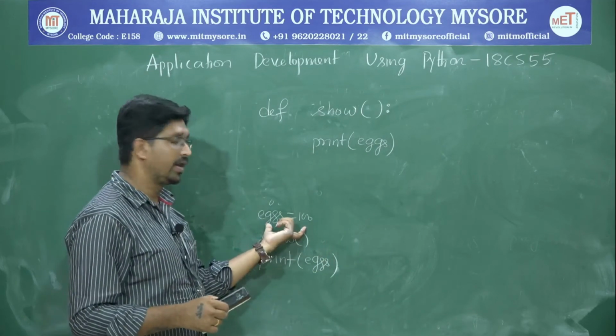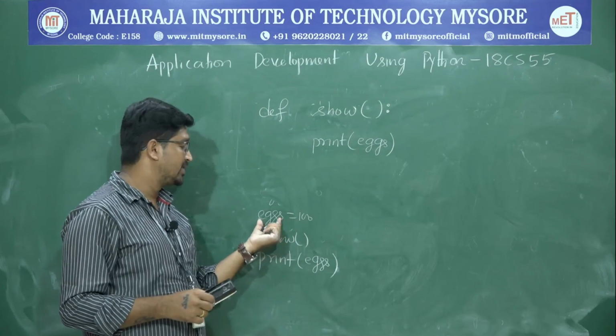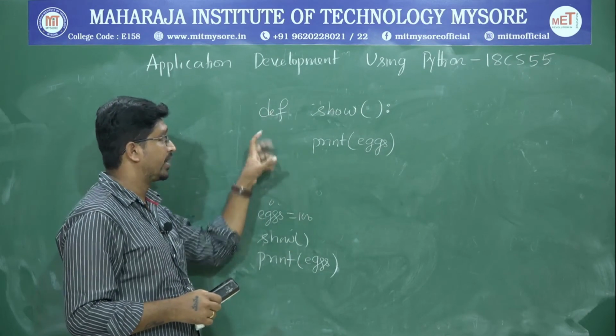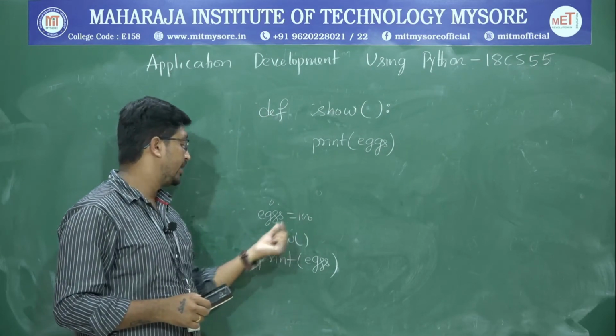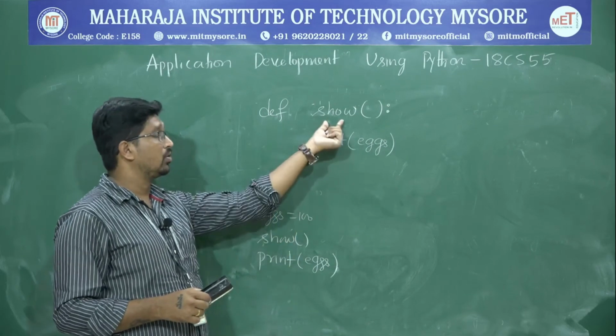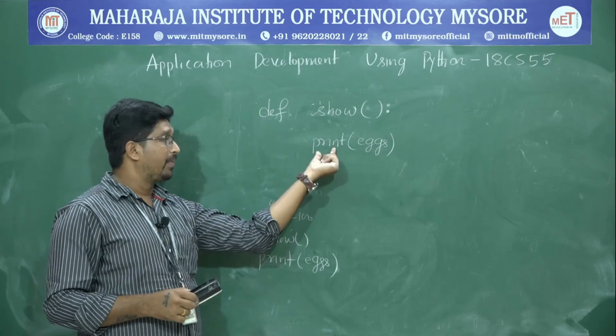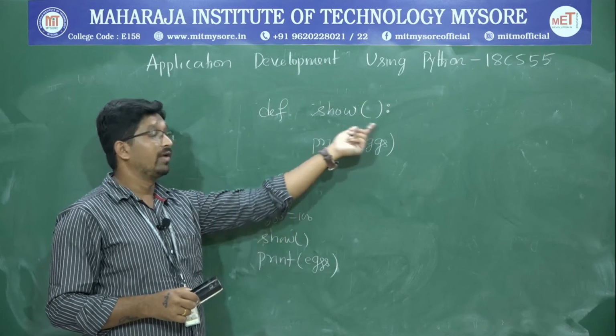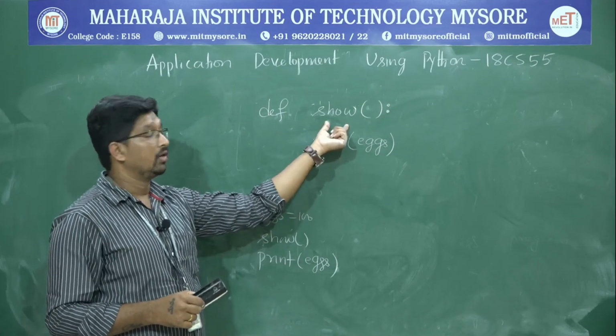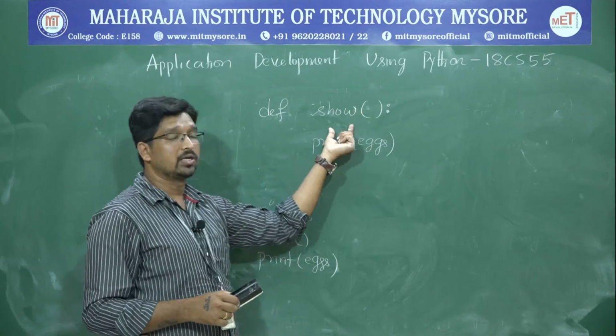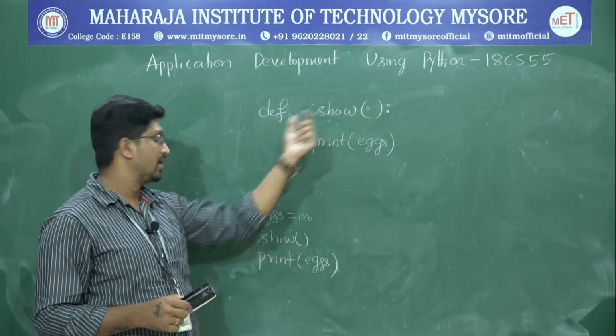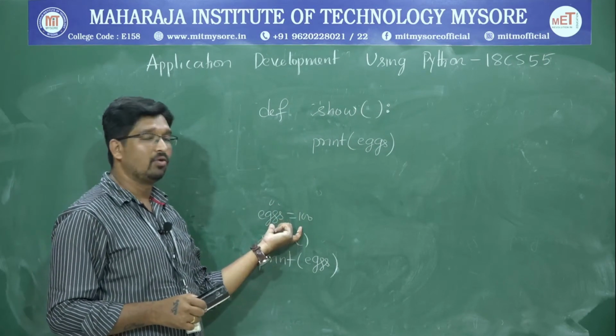Whenever you have a global variable, that is x is equal to 100 defined outside the method, then you are calling the show function. You will go to the show function, but here print of x, but I don't have any local variable. So what will your interpreter do? It will automatically search whether any global variable is available. Yes, there is a global variable.